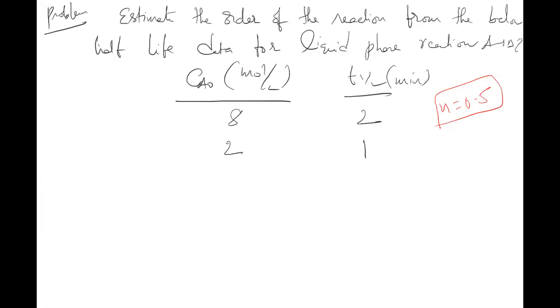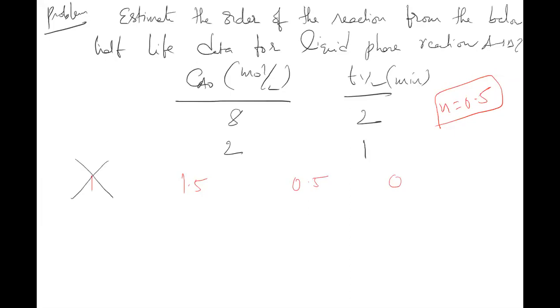Suppose I have options, let's say something like 1, 1.5, 0.5 and 0. Which one you can immediately eliminate from here is 1.